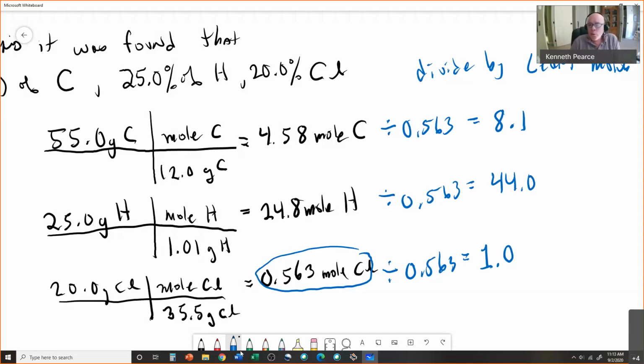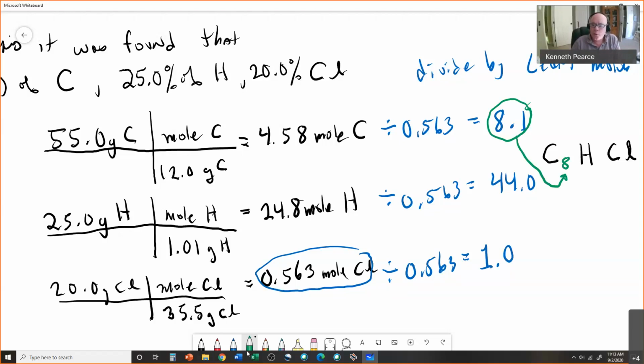And so now we can finally go ahead and get our empirical formula. We take each piece and we add it to the formula. So we go carbon, hydrogen, and chlorine, and we're going to take each piece from the ratio. So that 8.1, we're going to round to 8. And so that becomes C8. Now remember, formulas are counted quantities of each element.